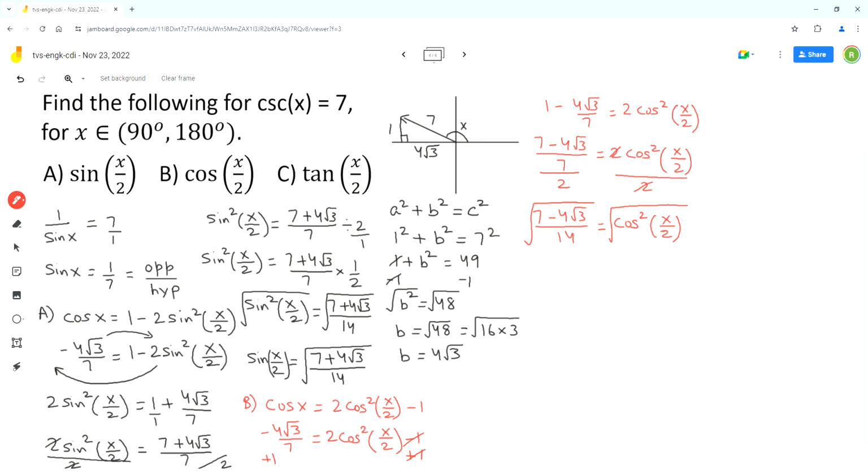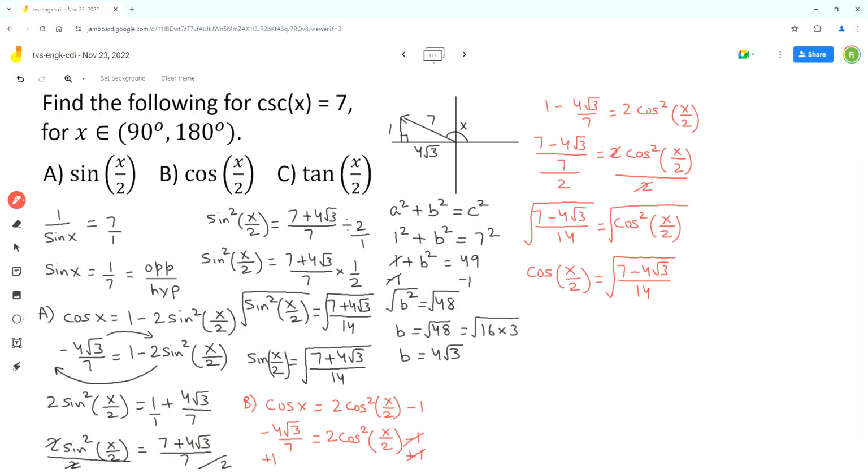So cos of x over 2 will be a positive value. So we can ignore the negative case for the square root. So this should be the final answer for part B.